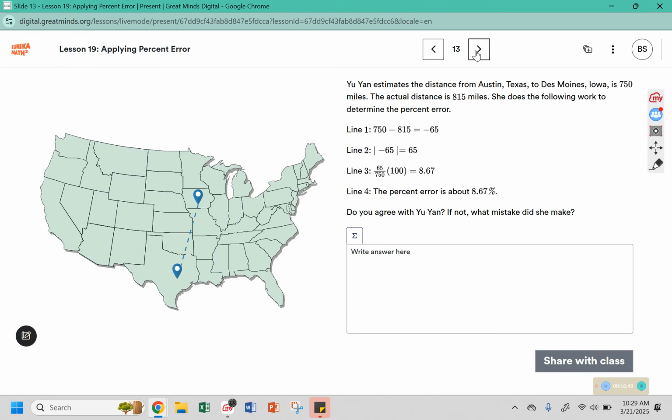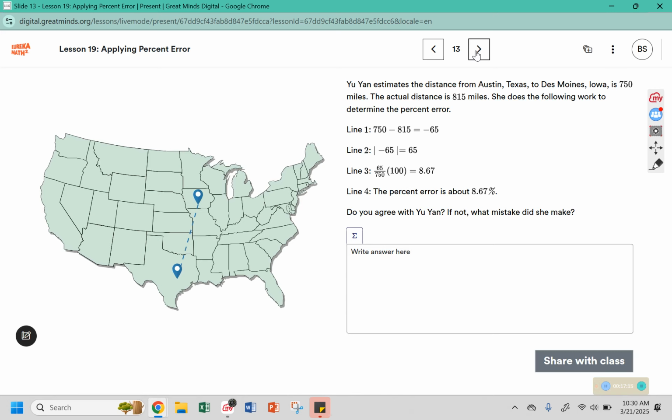Yuyan estimates the distance from Austin, Texas to Des Moines, Iowa is 750 miles. The actual distance is 815. She does the following to determine the percent error. She subtracts and she gets negative 65. Then she finds the absolute error by taking the absolute value of negative 65.